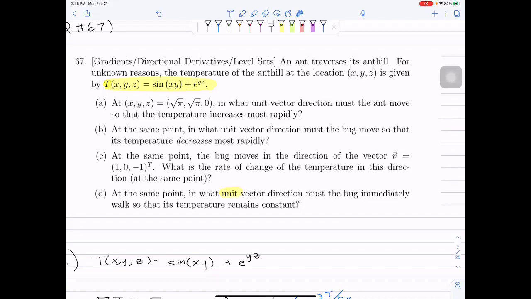Okay, then part C says, at the same point the bug moves in the direction of this vector v, what is the rate of change of the temperature in this direction? It says, what is the rate of change of temperature? Temperature right now is our output, right?